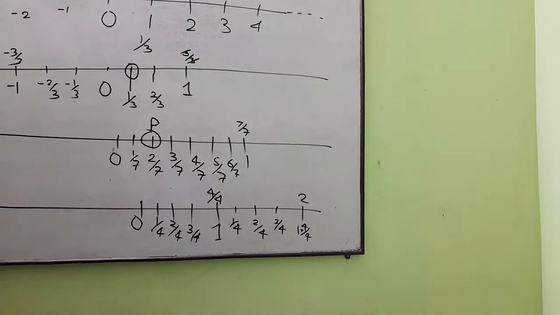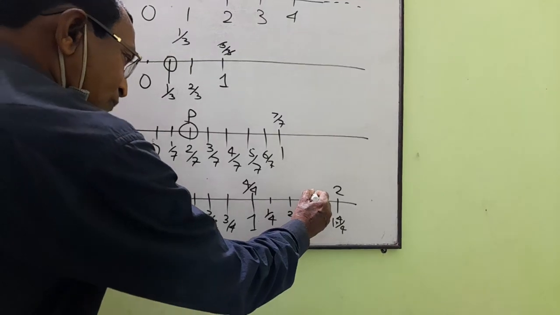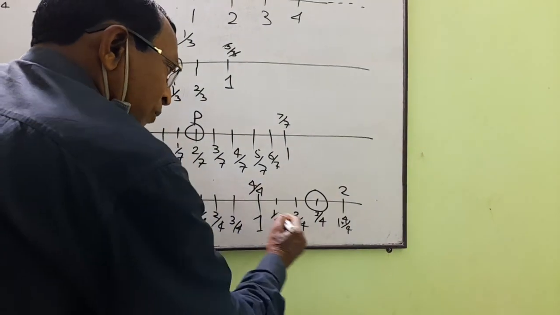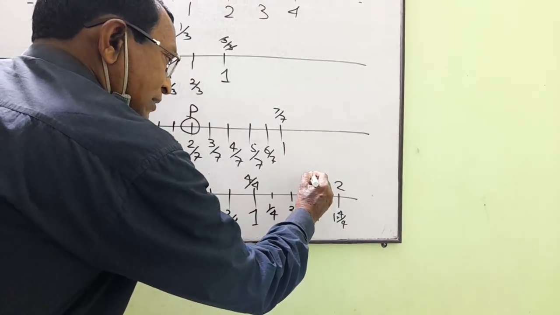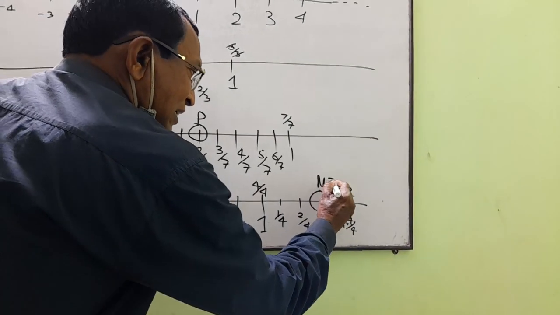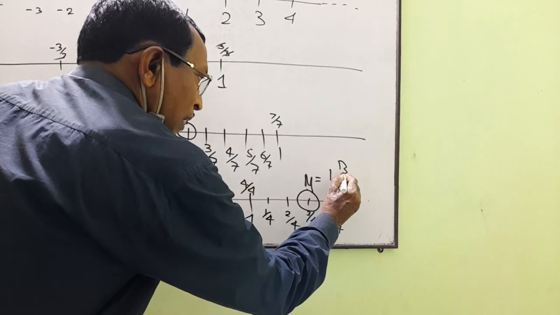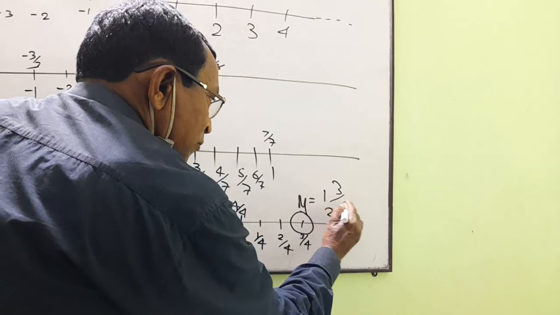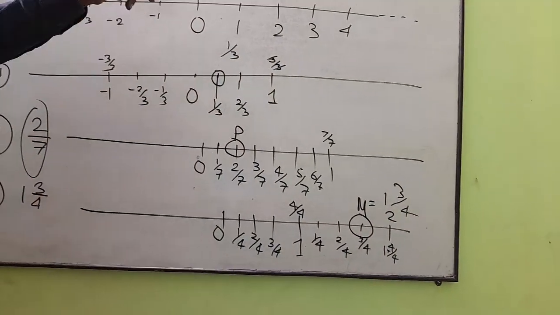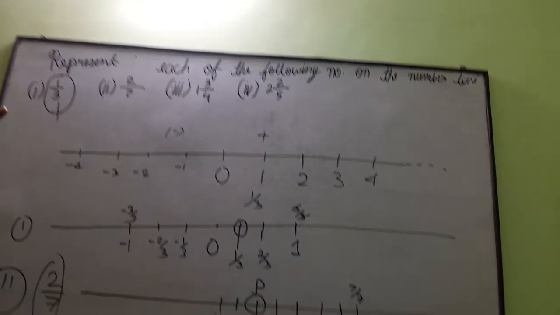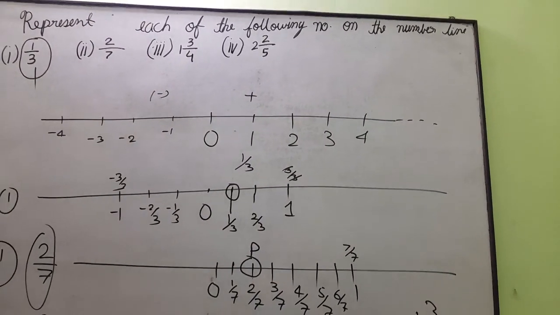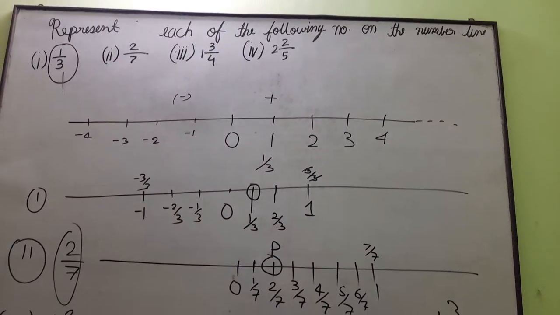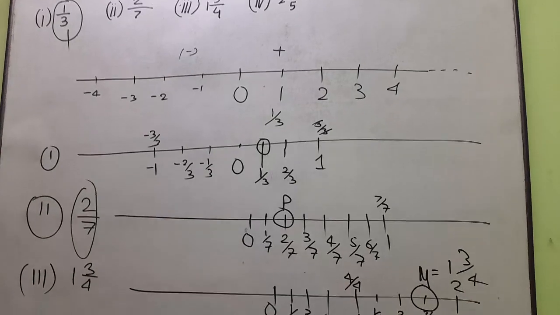So what was to be represented, 1 whole 3 by 4? This is the point, suppose it is M, and this is equal to 1 whole 3 by 4. Similarly, you can represent 2 whole 2 by 5. In this way, you can represent any fraction on the number line.